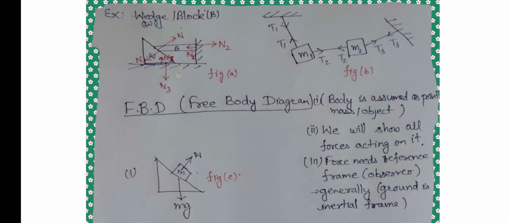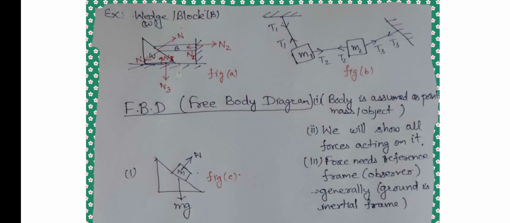Now we want to draw the forces at the contact point between the block and the fixed point. This is denoted by N2. At the contact, there is a force applied on the right side between the fixed point and the block. This is denoted by N2.